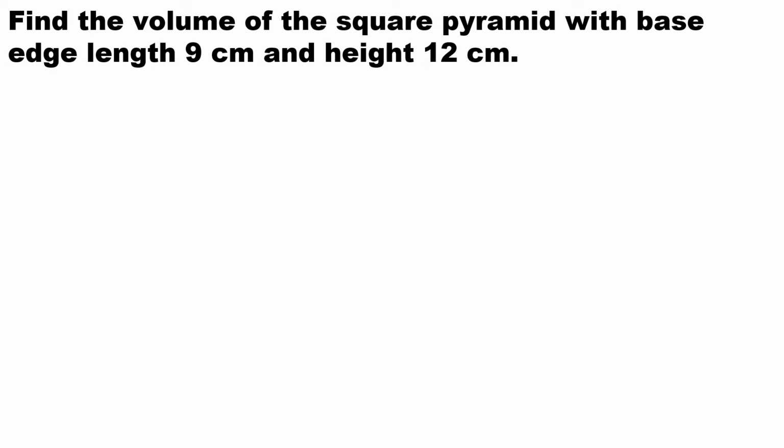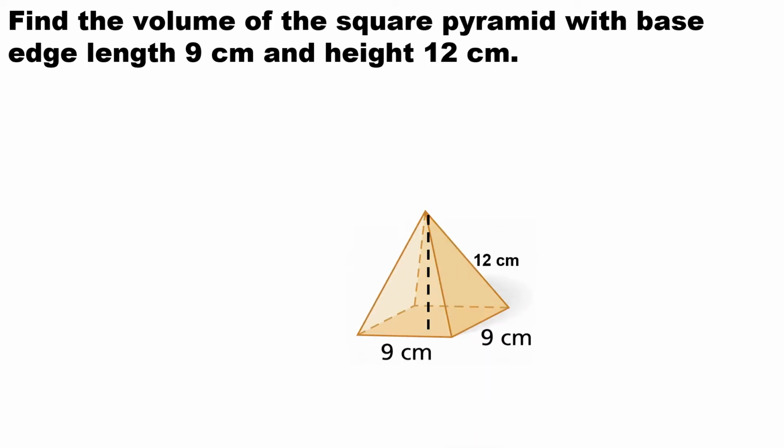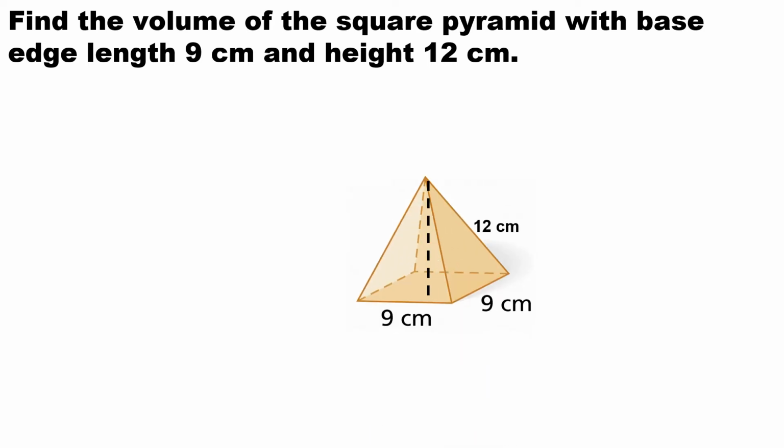Find the volume of the square pyramid with base edge length 9 centimeters and height 12 centimeters. What do you notice about the base of this pyramid? Yes, it is a square.